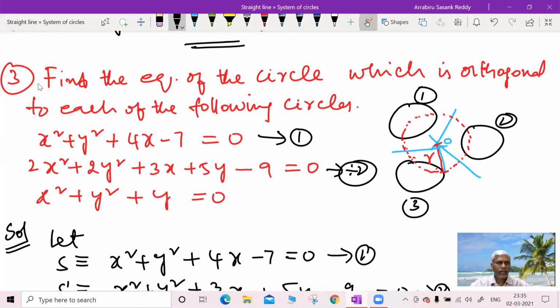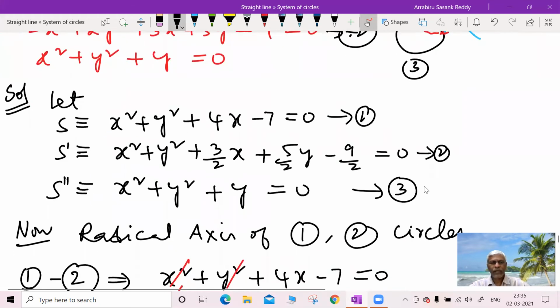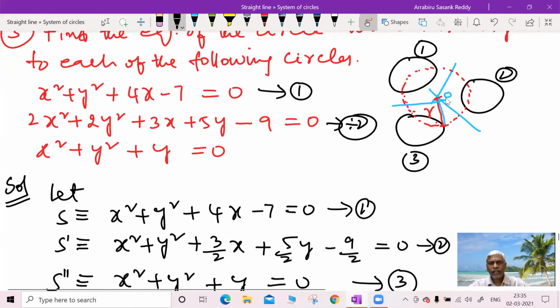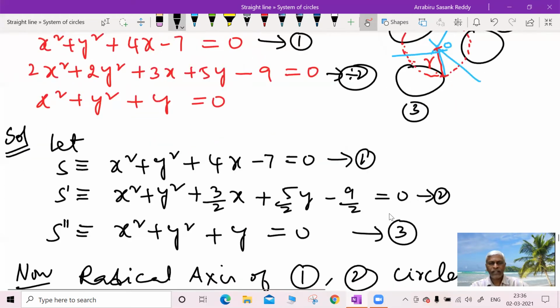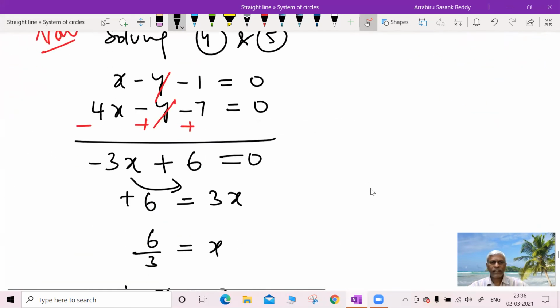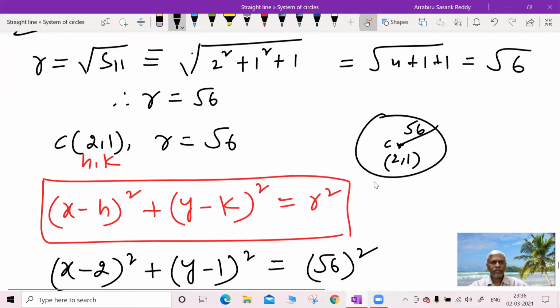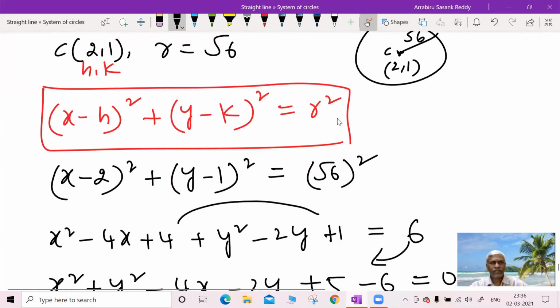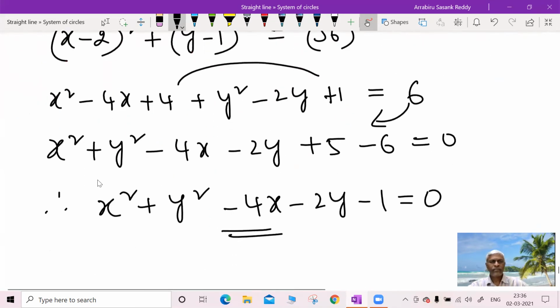That is one method. We did the second problem in that method. And there is another method, by using the radical axis and finding the radical center, and taking the length of the tangent from the center to any one of the circles as the radius, and taking the center and radius and using the formula x minus h whole square plus y minus k whole square is equal to r square, we find the required equation of the circle.